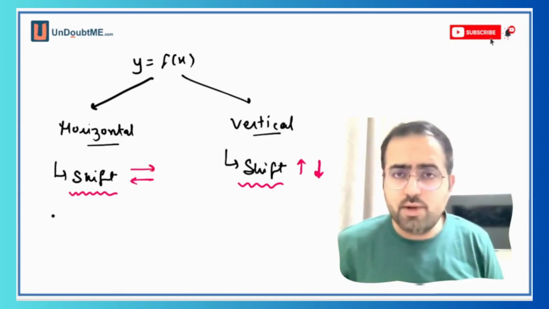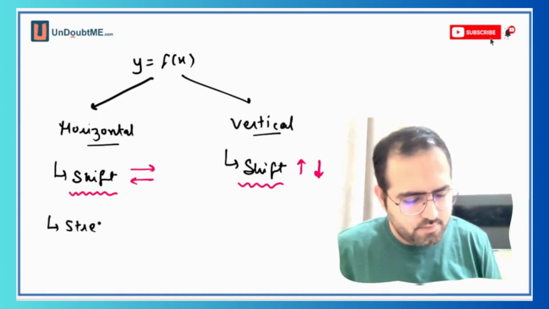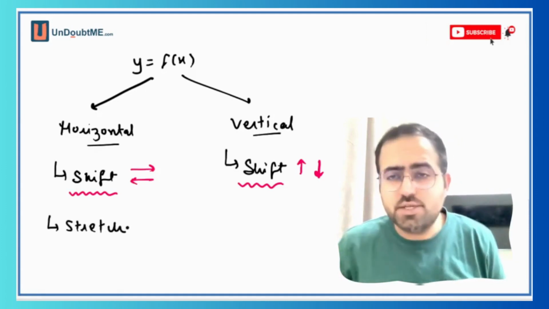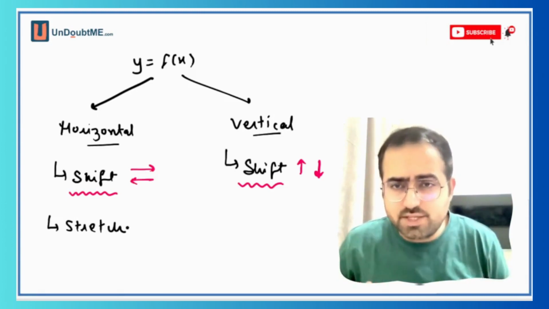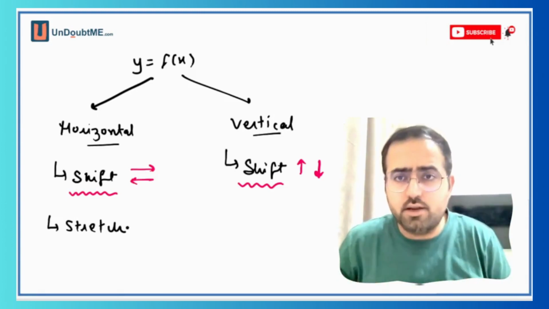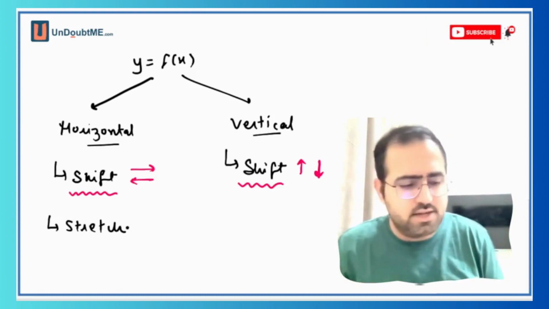One more type of transformation in horizontal is stretch. Stretch means horizontally we are trying to stretch the function, okay? Now this stretch can be done by either compression or by expansion. Both the things will be categorized under stretch only.